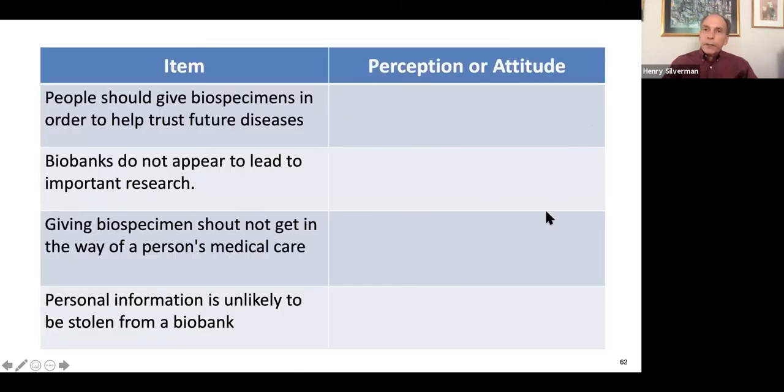So here's an exercise. In the chat box, why don't you put down, and don't hit return, okay? Which of these items are perception or attitude? People should give biospecimens in order to help treat future diseases.